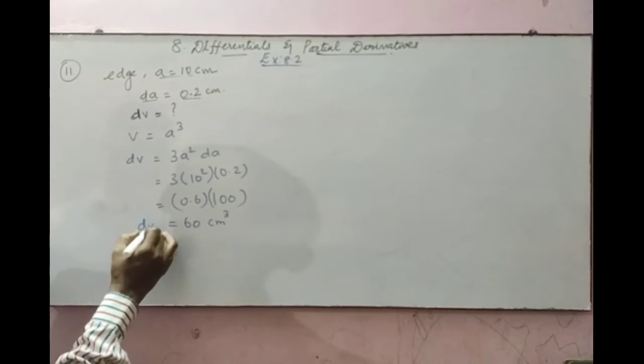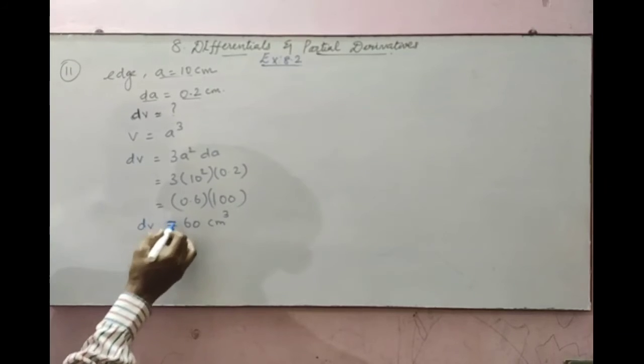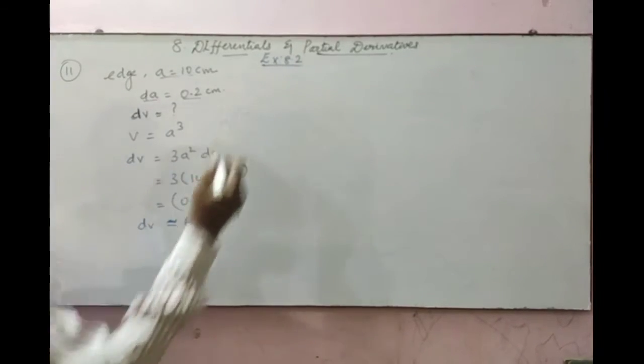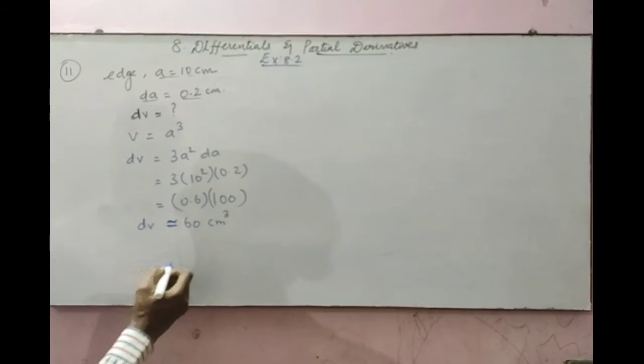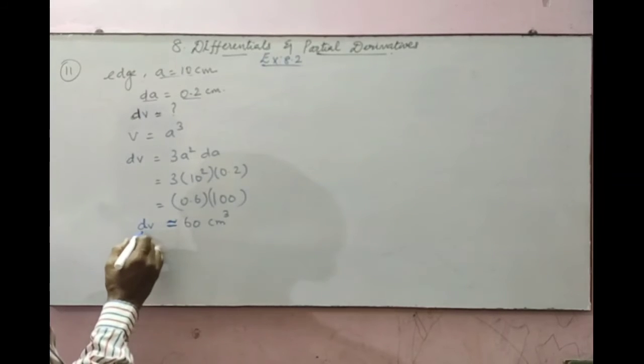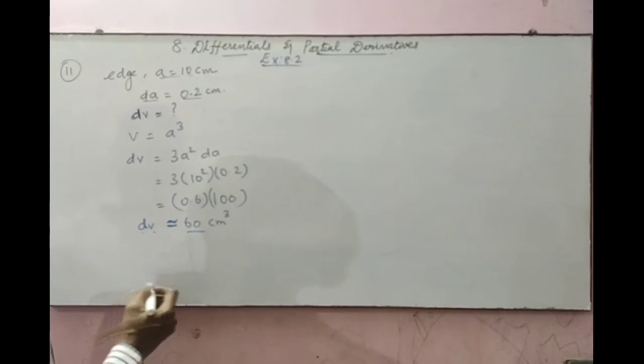So this is the amount of paint approximately. In all these sums, in this exercise 8.2, we have to use the approximate symbol. So change in the volume is approximately 60 centimeter cube.